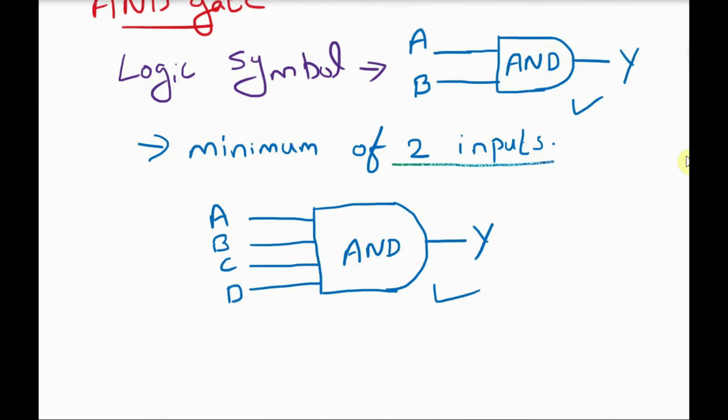So we can have any number of inputs, but minimum we need 2 inputs for an AND gate. We will continue our discussion with AND gate with 2 inputs.